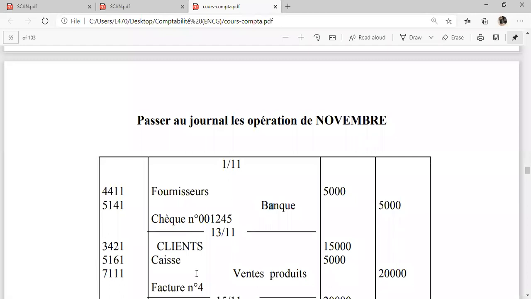Which is the method of payment by him. So firstly, there's a mistake though. We are supposed to change the two in terms of amounts. So we have cash was 15,000 and client was 5,000. Here we have cash, 15,000, because it's the amount of money that he paid us on the spot.